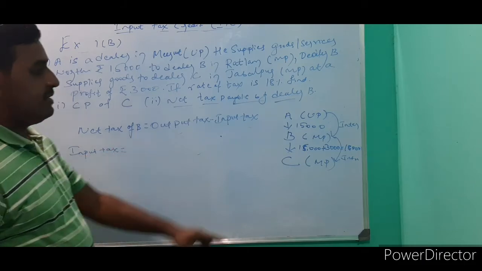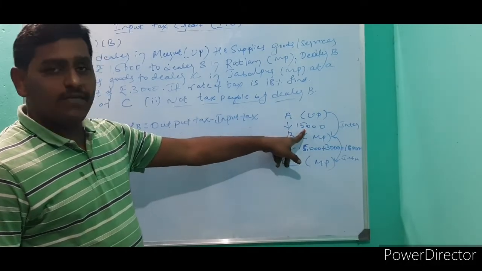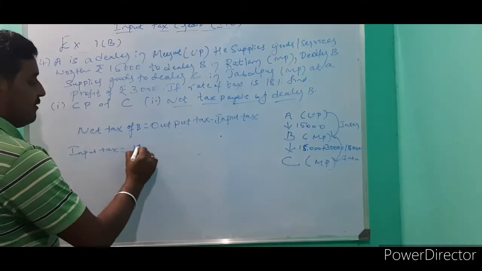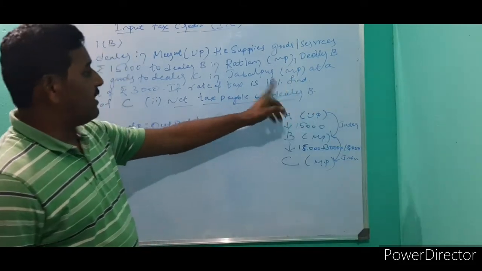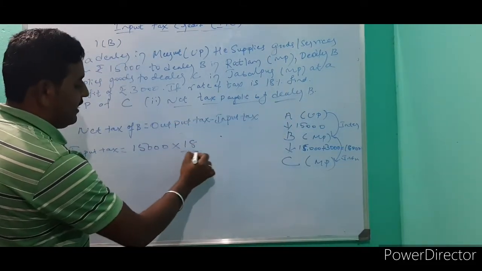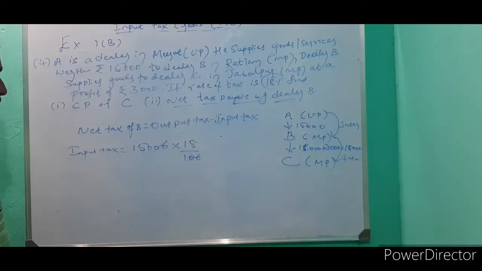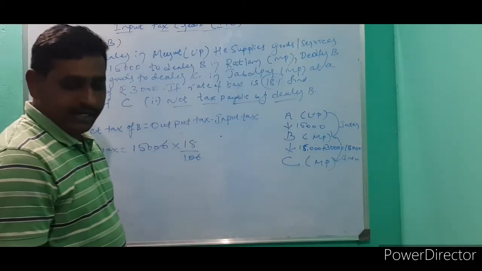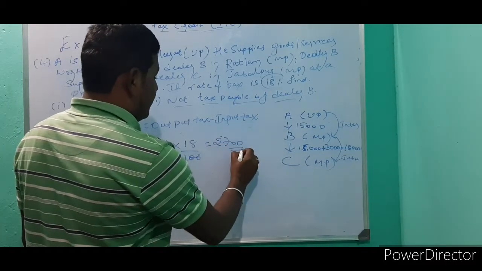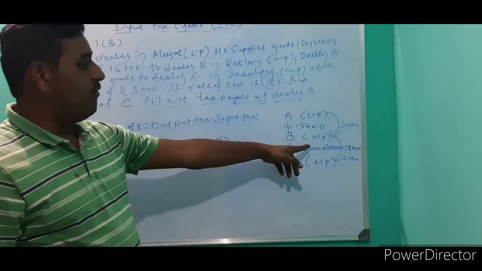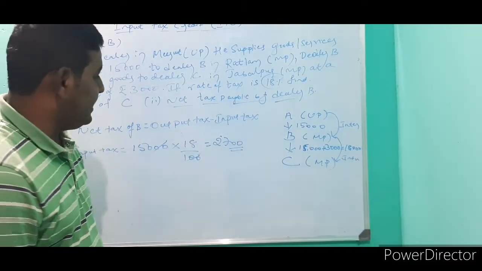So input tax means A to B. At what rate selling goods? 15,000. So that is inter, means directly you can take 18 divided by 100, that is rate of GST. 20 20 get cancelled. 150 into 18 is equal to 2,700. This is input tax of dealer B.